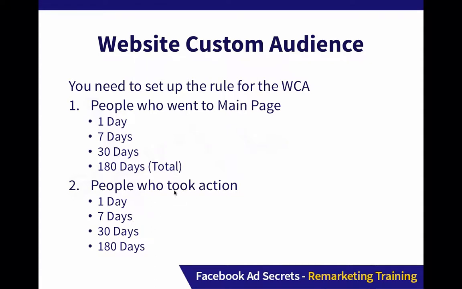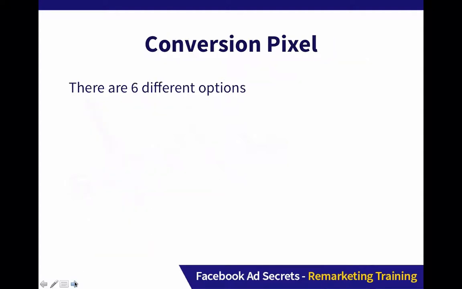We can do another ad campaign to them, okay? So that's why these are the only two audiences I really need to set up, okay? So we'll go into exactly how to do that. Now, with the conversion pixel, there are 6 different options that you can have.